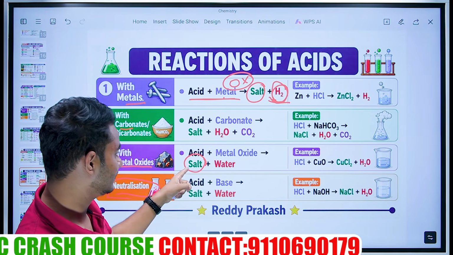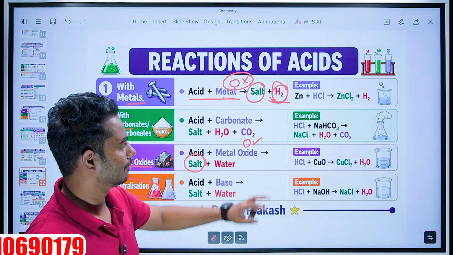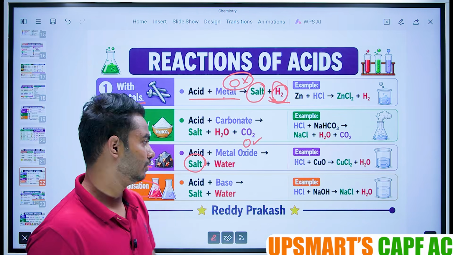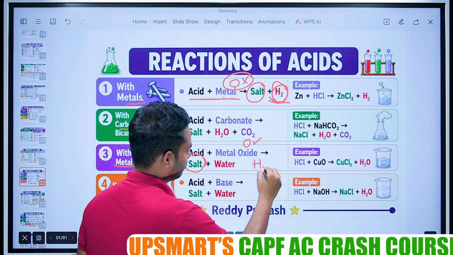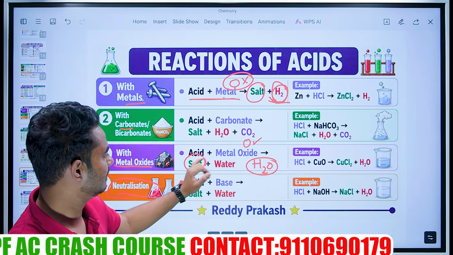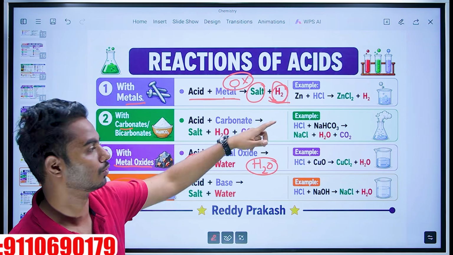But a metal oxide will have oxygen, so it will release both H2 and O. That H2 and O will combine to form H2O. This is easy. When it reacts with metal oxide, salt plus water. When it reacts with metal, salt plus H2.